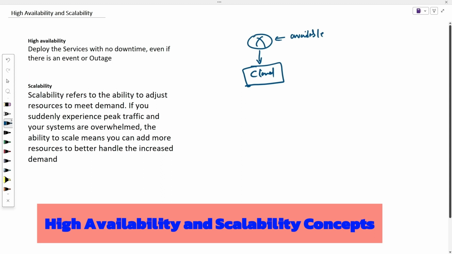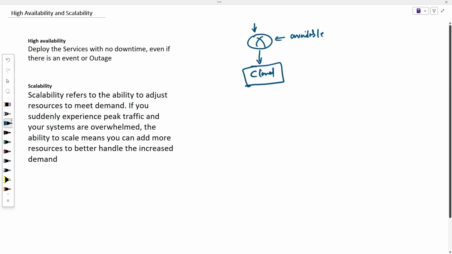Even if there is an incident at Azure, the application you have deployed has no impact. You need to deploy your application in such a way that there is no impact whatsoever. So this is called high availability.